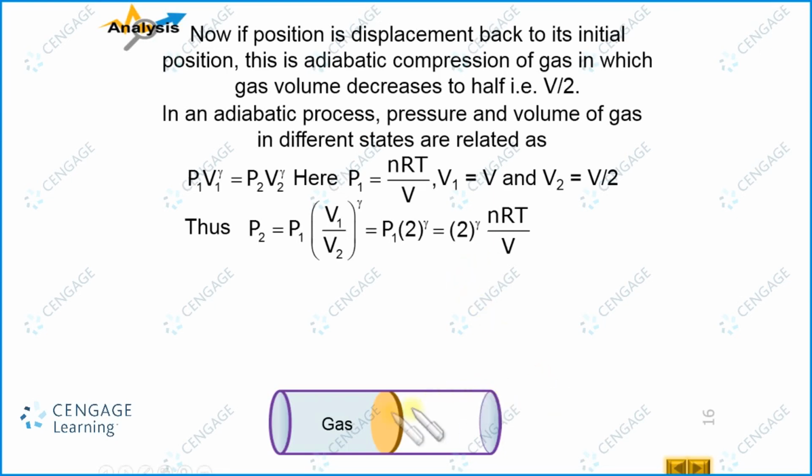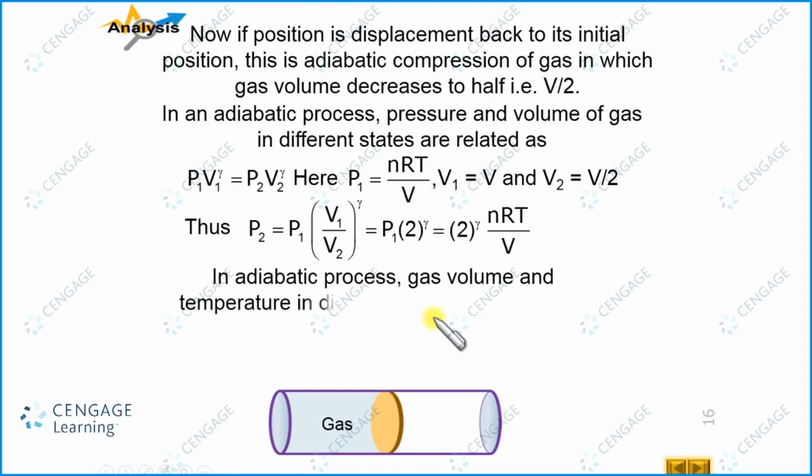Now we need to find the final temperature. Again, it is an adiabatic process, and we know the initial volume, we know the final volume, we know the initial temperature. We can find the final temperature by using the adiabatic relation in terms of temperature and volume, that is T V to the power gamma minus 1 equal to constant.